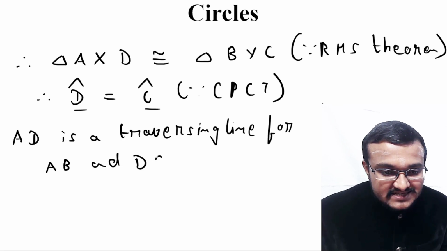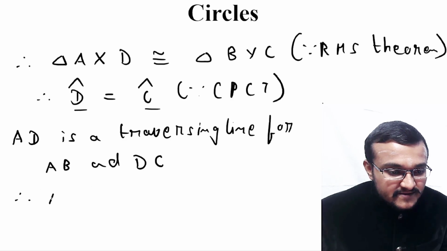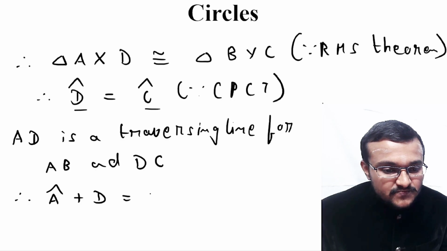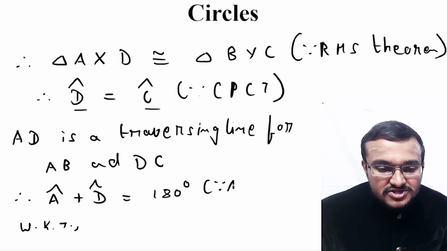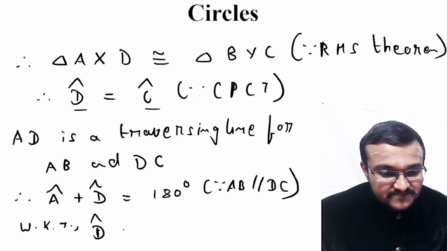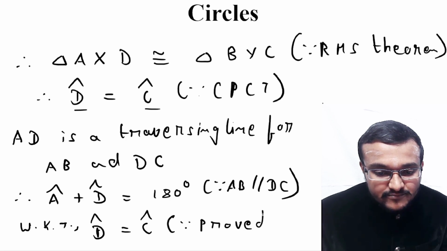Therefore angle A plus angle D will be equal to 180 degrees, because AB is parallel to DC. Now we know that D is also equal to C, which we have proved.